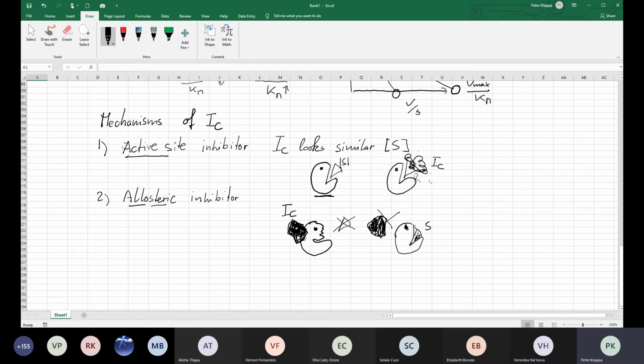Either the inhibitor binds, then the substrate cannot bind, or the substrate binds, and then the inhibitor cannot bind. This is the concept of a competitive inhibitor, and it can display two different properties. It can be either an active site inhibitor or it can be an allosteric inhibitor. It can't be both at the same time.